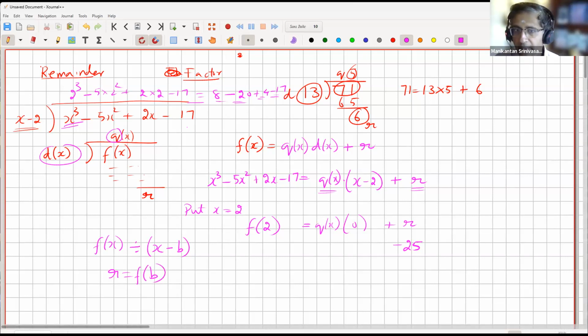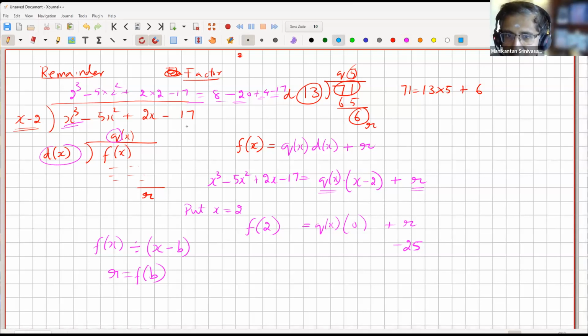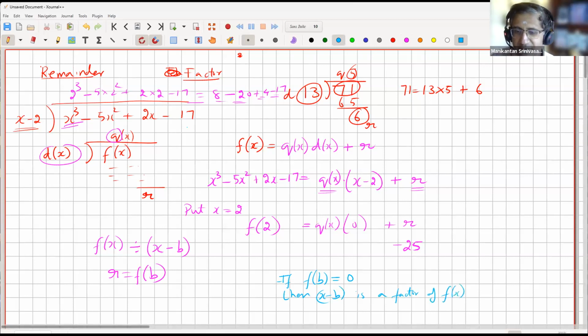And the factor theorem is just a special case. The factor theorem is saying, if f of b is 0, then x minus b is a factor of f of x. That's very obvious, right?